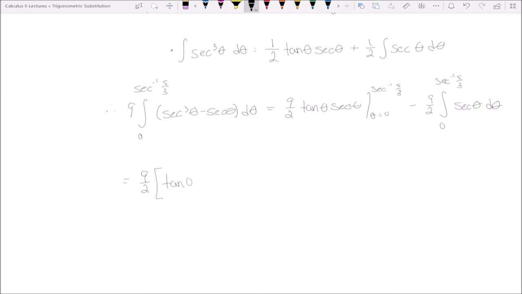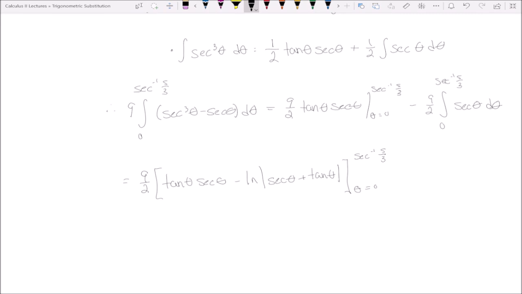We're left with tangent theta secant theta minus the natural log of the absolute value of secant theta plus tangent theta, evaluated theta equals 0 to inverse secant of 5/3.